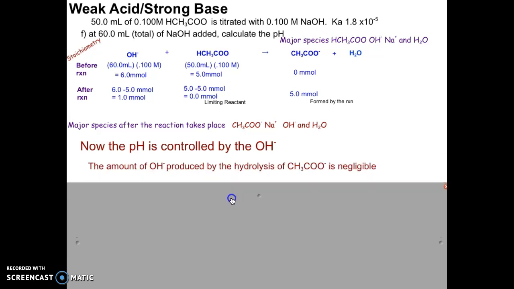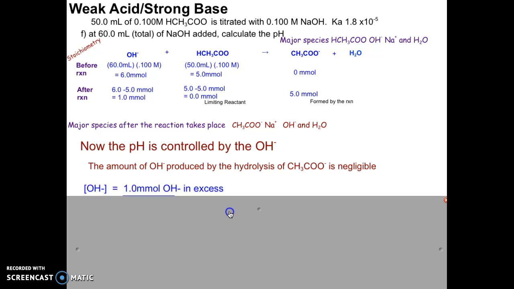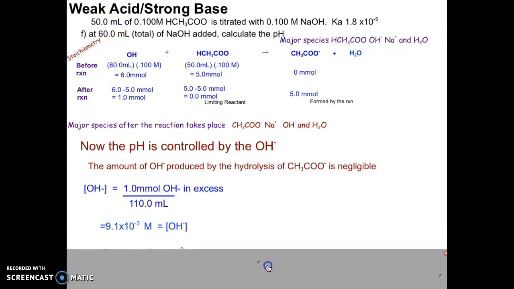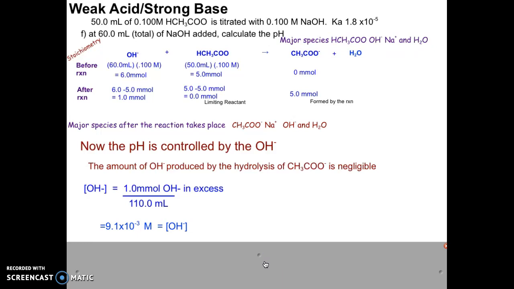So the amount of hydroxide produced by the hydrolysis of the acetate ion is negligible, and you can calculate the amount of hydroxide in solution by taking the amount of excess in millimoles over the total amount in solution. 50 mLs plus 60 mLs makes 110 mLs. And so now the hydroxide ion concentration is 9.1 times 10 to the negative 3.